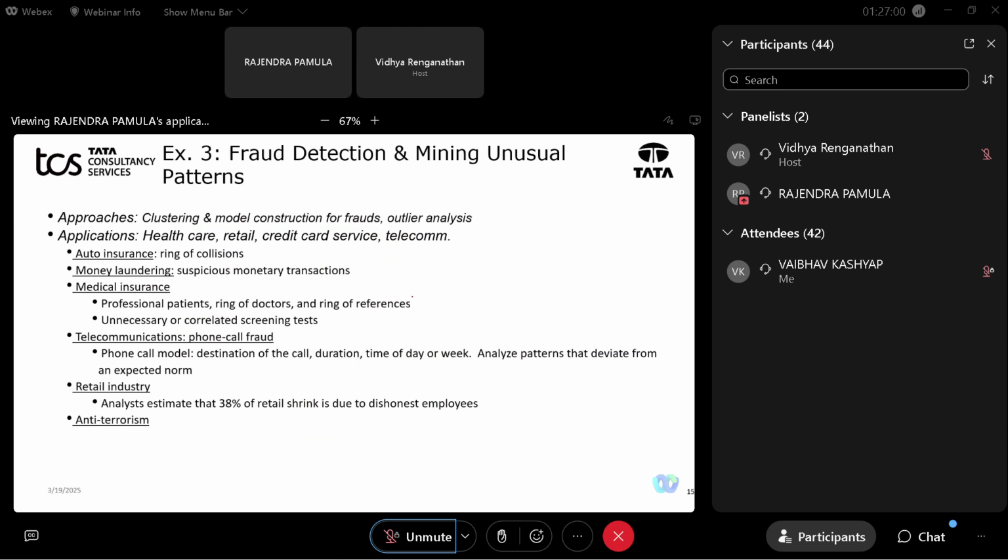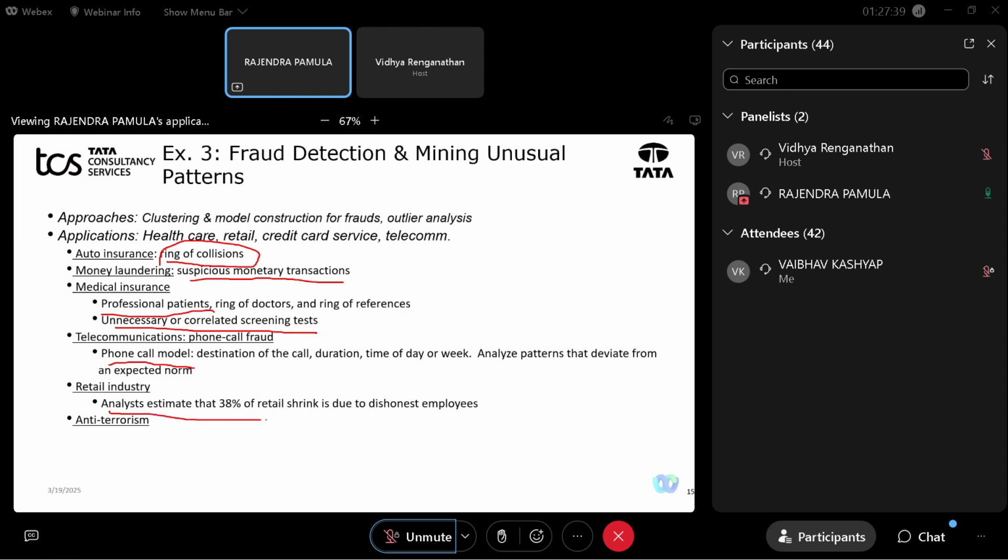Fraud detection: we have different aspects of fraud, which can also be addressed using data mining. Auto insurance: rings of collisions, which we call suspicious monetary transactions. Medical insurance: professional patients, unnecessary and correlated screening tests. Telecommunications: phone call models.